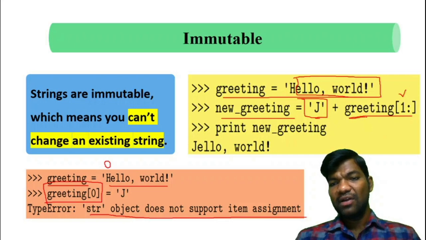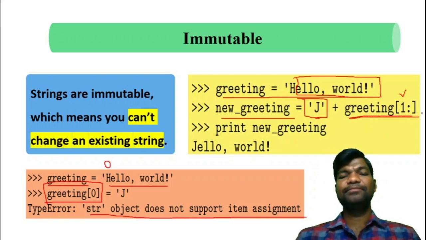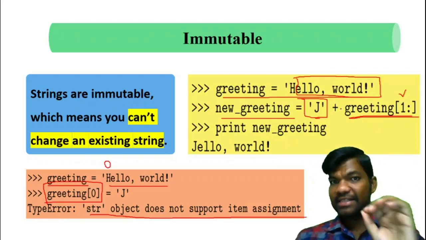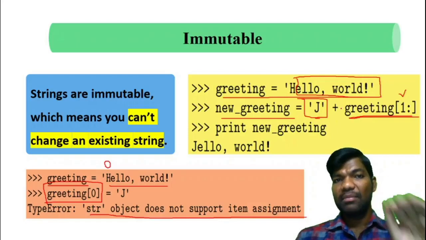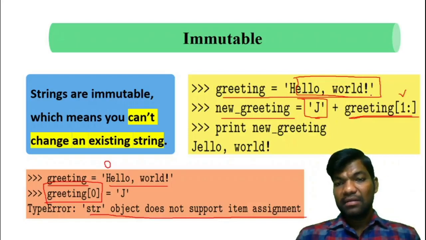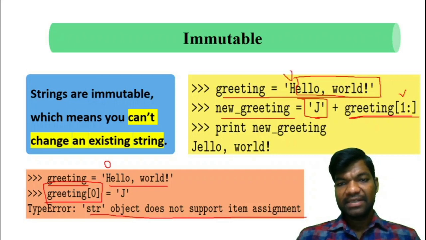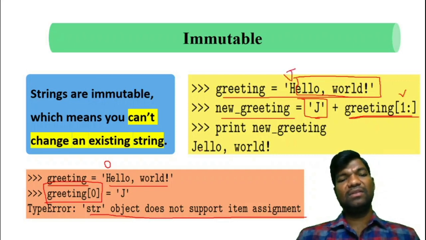That is the meaning of greeting 1 colon. Now, what is meant by plus? Plus indicates concatenation, not addition. Strings are combined. So these characters are printed, and in place of h it will print j. So that is the output, right?